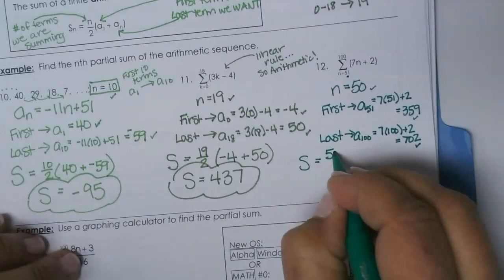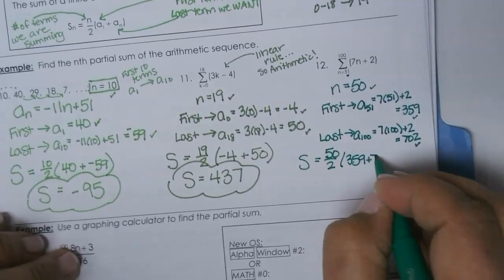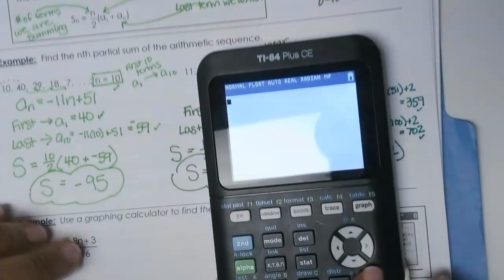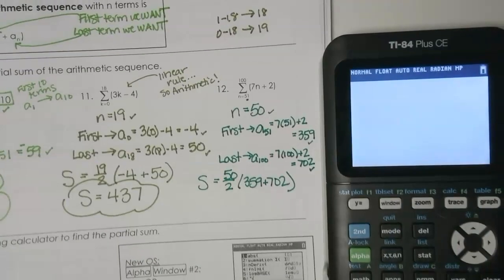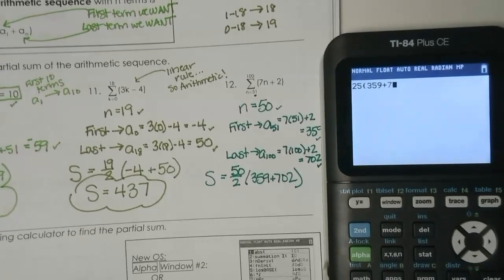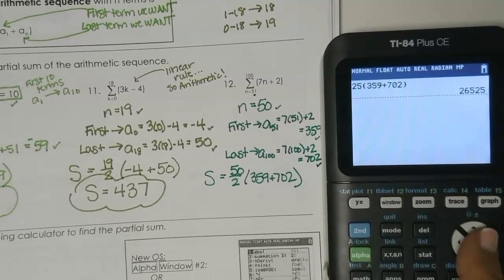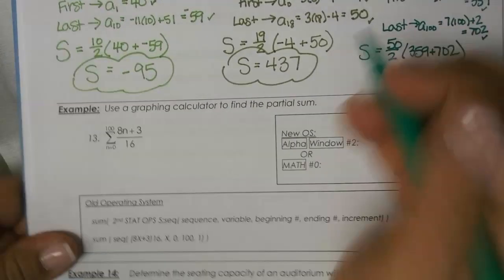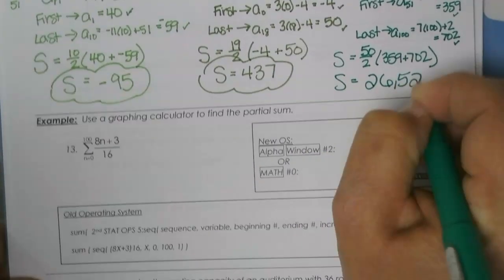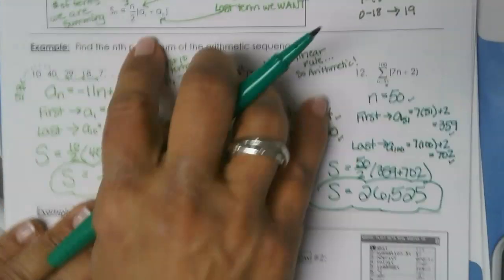So S is going to be 50 over 2 times 359 plus 702. Okay, so we can see that we would take 25, because that's 50 over 2, times 359 plus 702, and that gives us 26,525 for our sum. And we'll just make a note of that S is 26,525.